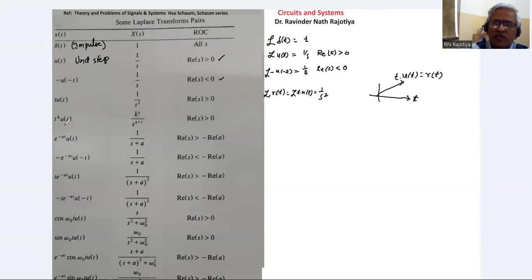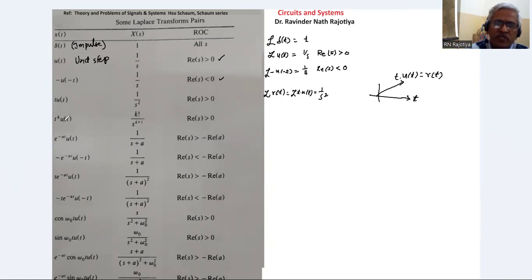Then for any power of the ramp, that is t to the power k times u(t), the Laplace is equal to k factorial divided by s to the power k plus 1.